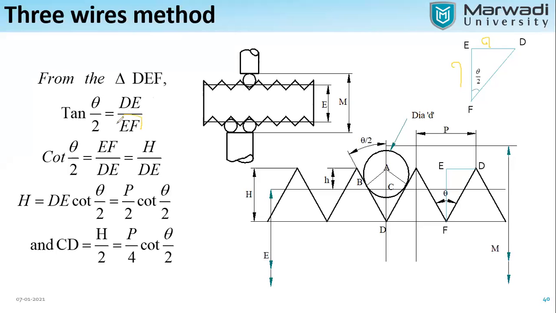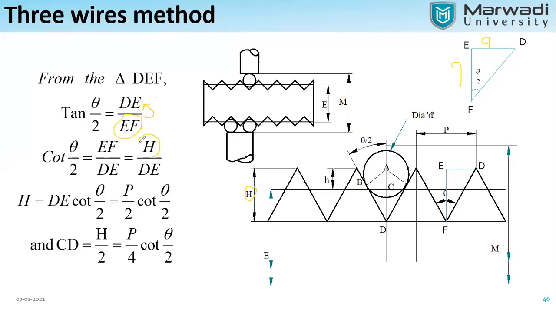But we want EF, which is our vertical distance. So we just have to replace it. The EF will go in the denominator part, so it will be cot theta by 2. Cot theta by 2 is equal to EF upon DE, where EF is our height.